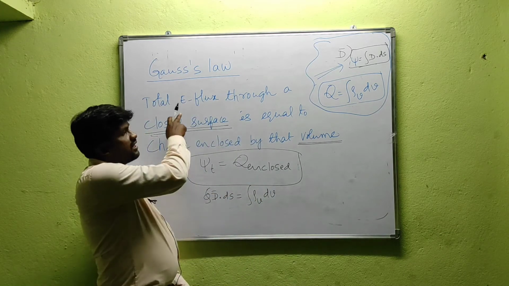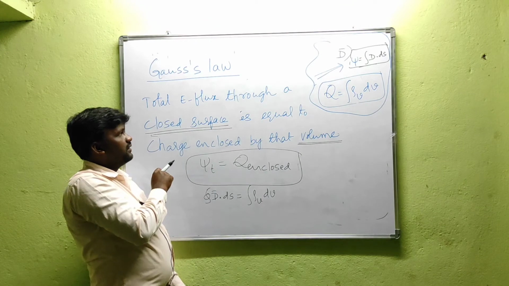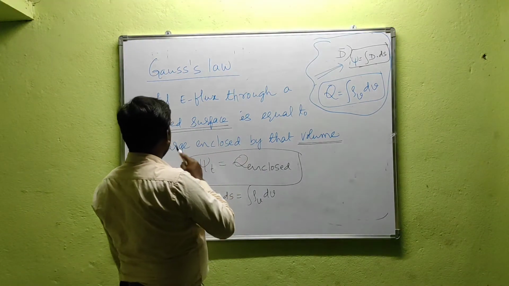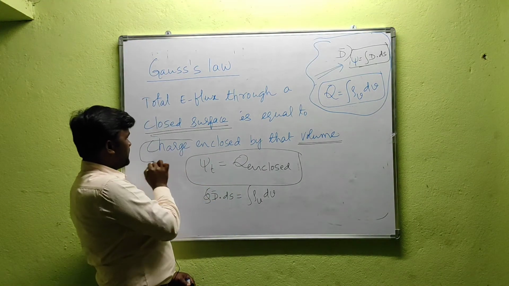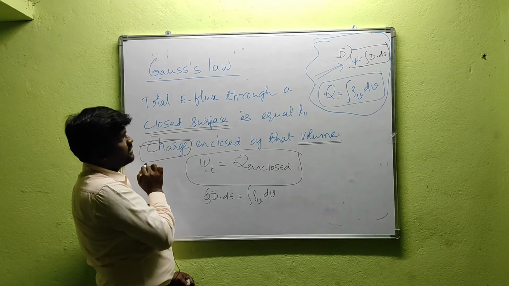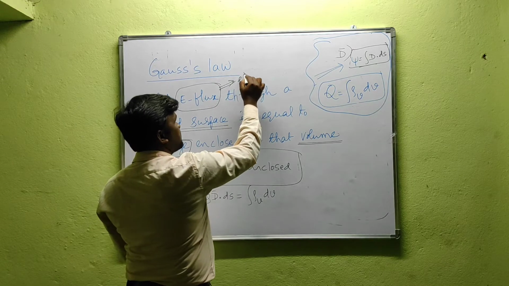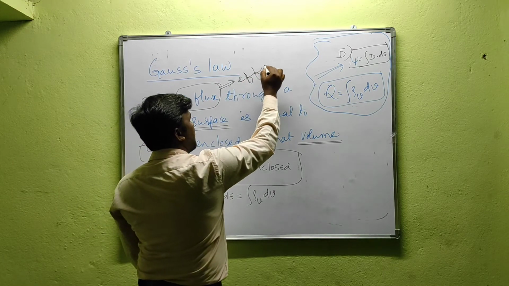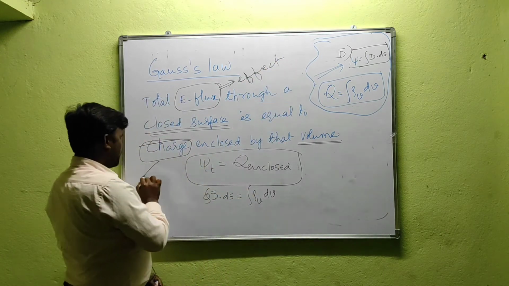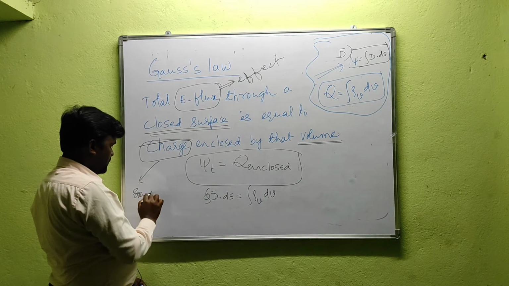Of course, Gauss's law relates the source and the effect. Charge is the source, and the effect is the electric flux. Electric flux is the effect, and charge is the source or cause for that flux.